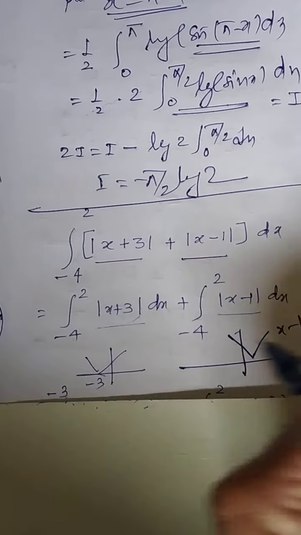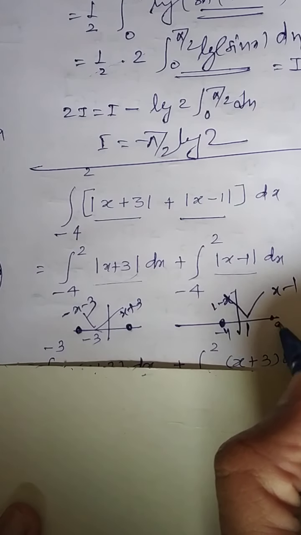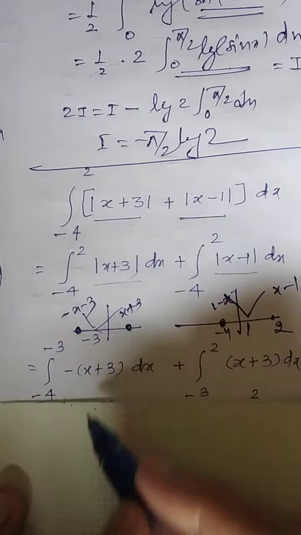From minus 4 to 2. Over here this value is nothing but 1. Here also you are integrating from minus 4, and over here 2. So how to split this function? Minus 4 to minus 3 is nothing but this expression, plus minus 3 to 2, it will be x plus 1. This is coming for the first one.